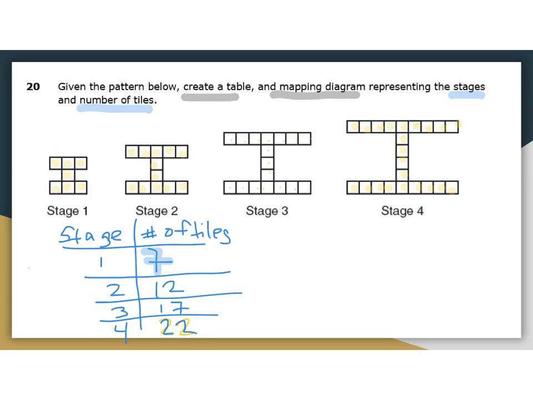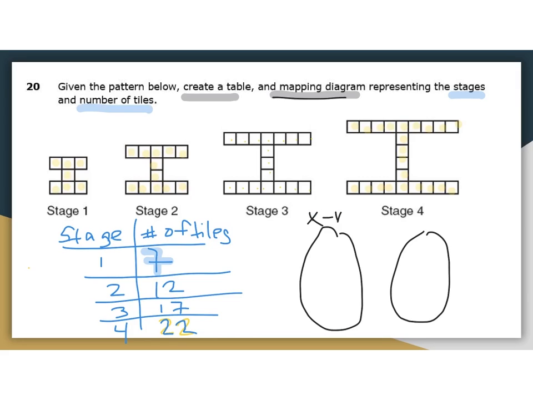And then from here, we need to do our mapping diagram. So the mapping diagram is when you have those large ovals, and in the left column is going to be those X values. So we have 1, 2, 3, and 4.